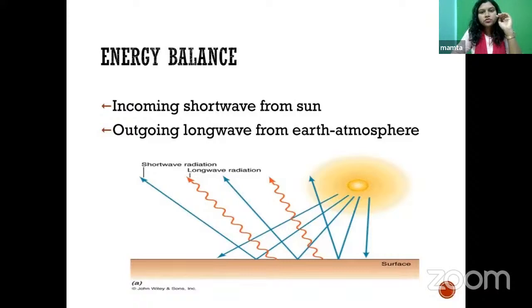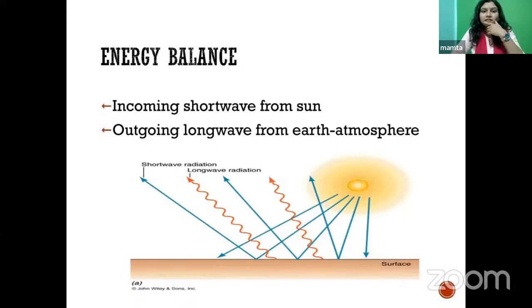When they emit the radiation, it is always in the longer wavelength.